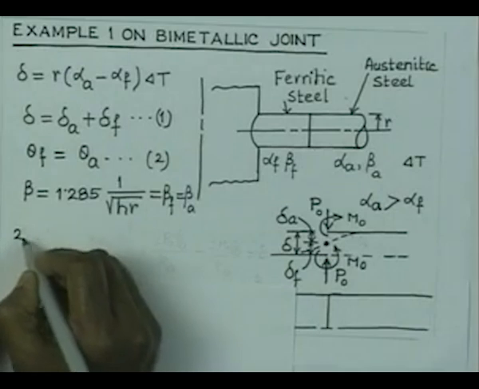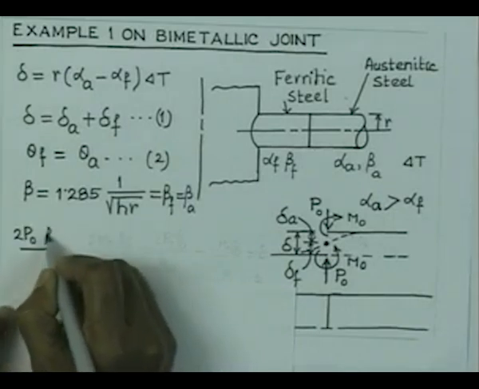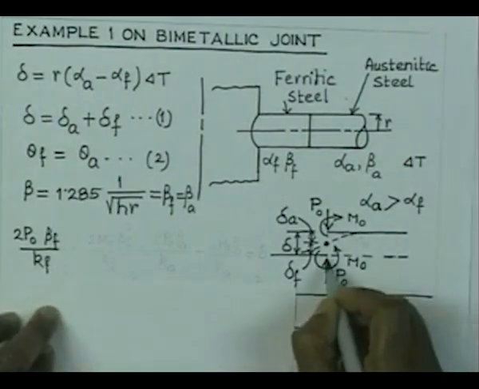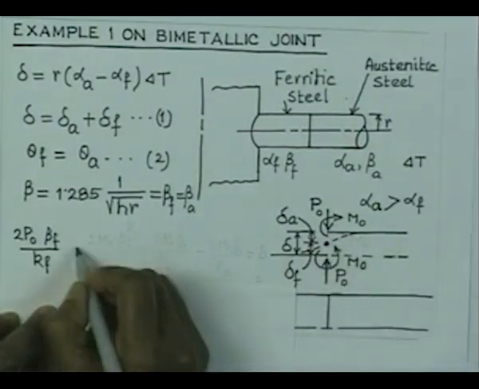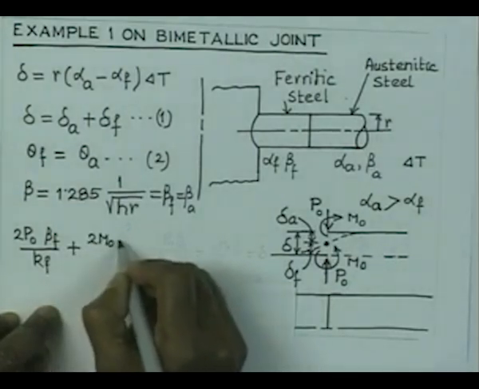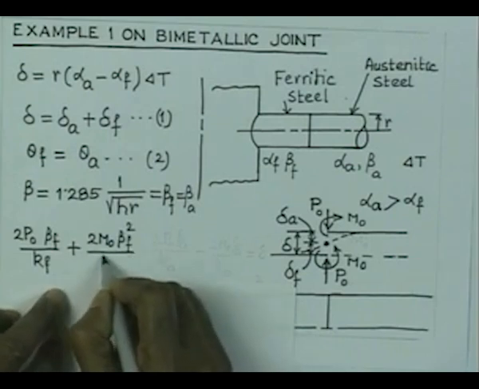So, we will write now twice P0 beta F for the ferritic part, and this M0 is also trying to give that deformation in the same sense. Therefore, this is twice M0 beta F square by Kf.